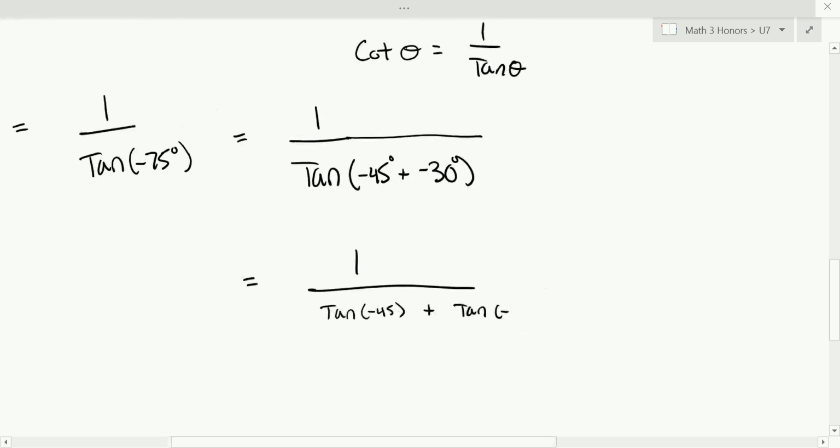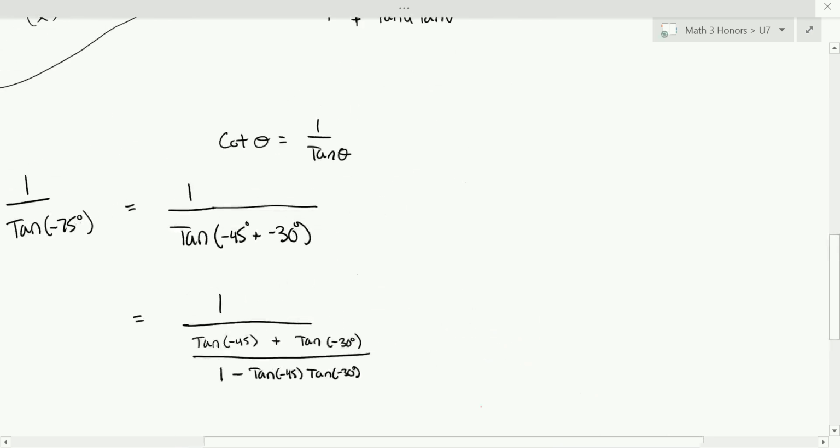Let me finish and then we'll talk about that, because I think it might clear up once you see the rest of this. Over 1 minus the tangent of negative 45 tangent of negative 30. And now I'm going to compare it to the formula. Let's see here.